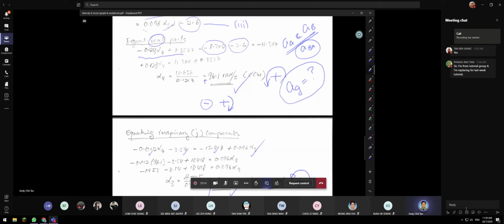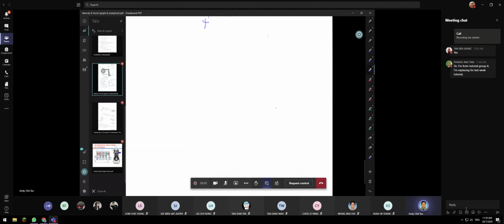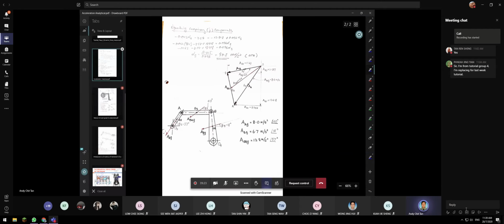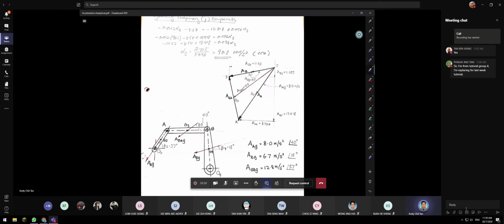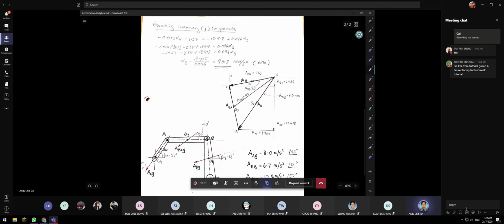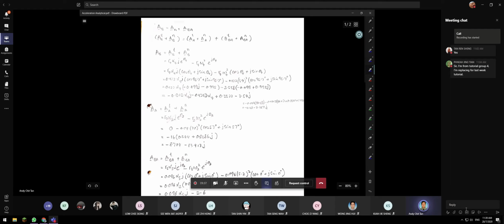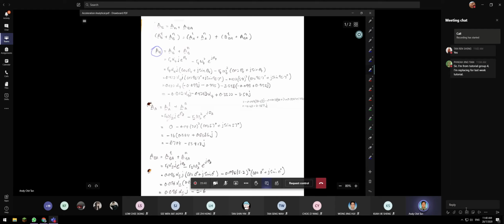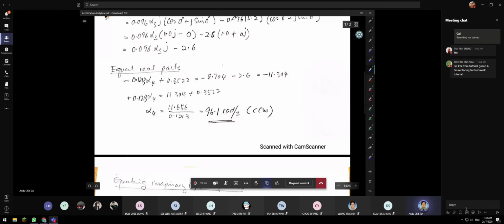Now let me demonstrate how to find acceleration of G using this diagram. First of all, let's look at acceleration of B. Acceleration of B is given by these two components: the real part is minus 11 point something and the imaginary is minus 2.38.